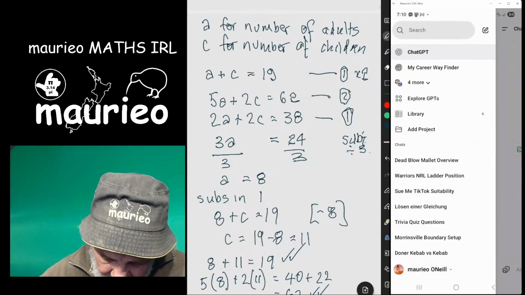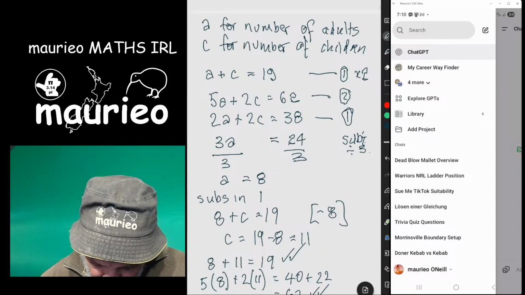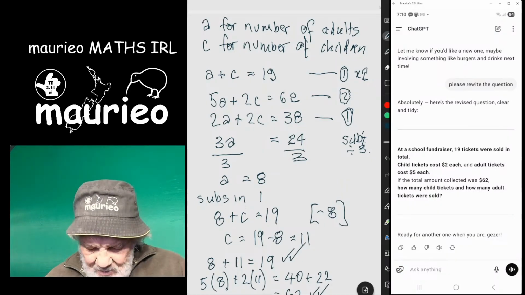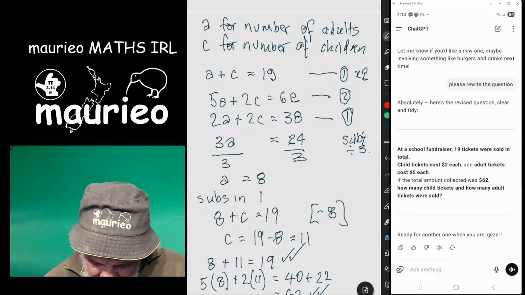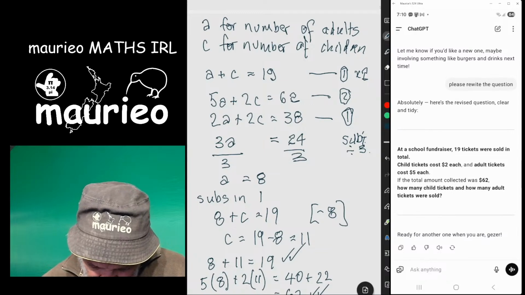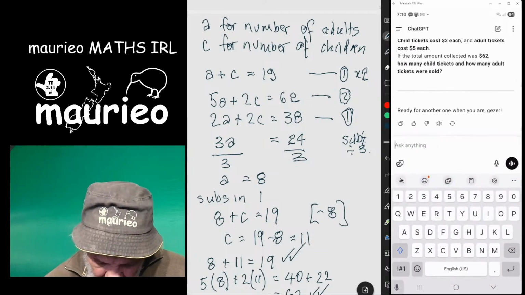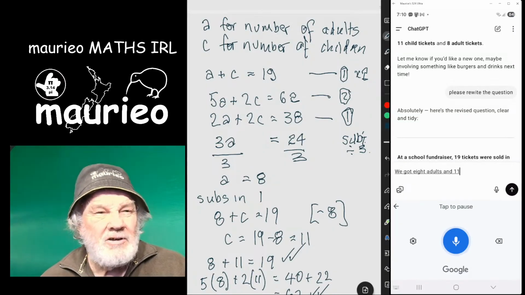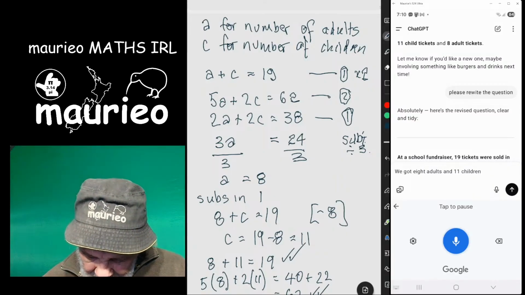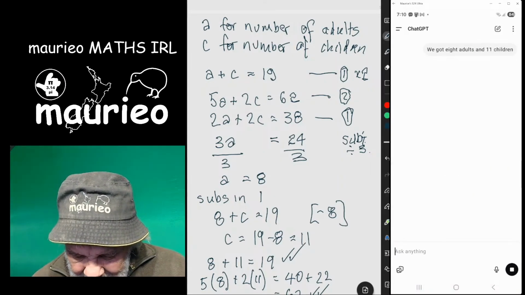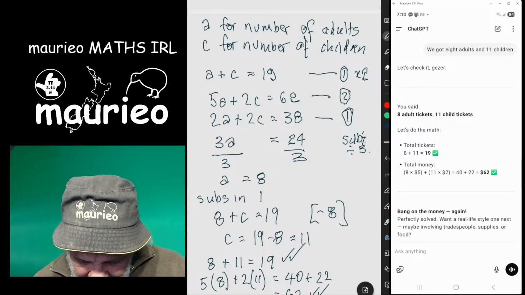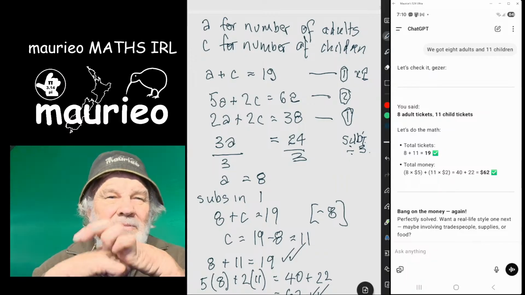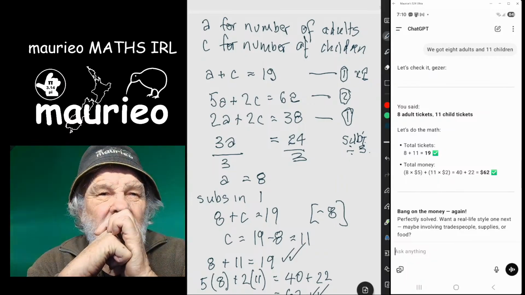And we got 8 adults and 11 children. Yes, there we go. All right, so finally we see that we've got it. Bang on the money again, perfectly solved.